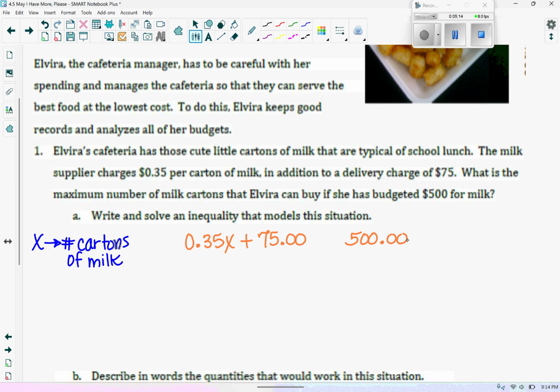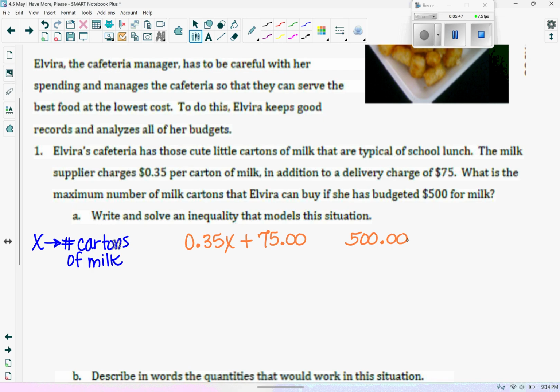So it says that she has budgeted $500. Now, I want you to think about if your parents give you an allowance to spend on clothes or shoes and you go shopping, and let's say that you have $500 and you start considering how much each of your outfits cost and you're calculating it in your head and you think, oh, this is exactly $500, but then you forget you have tax.